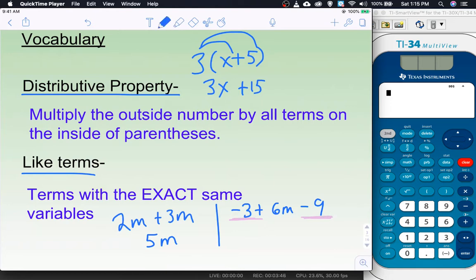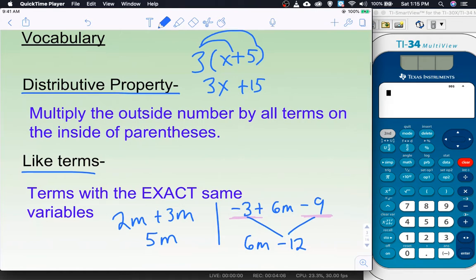Those are like terms. The 6m is not. Those would combine to give me a negative 12. Negative 3 minus 9 is negative 12. And the 6m would just come along for the ride. So that's some examples of how you combine like terms and what it means if two terms are alike. They have to have the exact same variables.